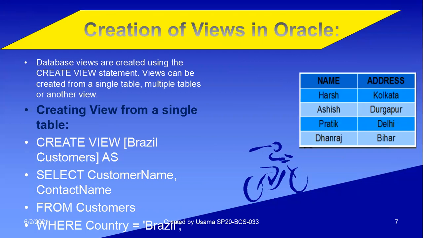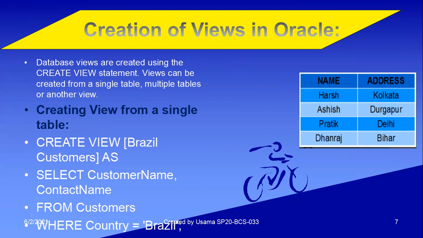As we have discussed earlier, views are created by using the create view statement. A proper statement is used for this purpose. A view can be created from a single table or multiple tables. We have discussed earlier that if we have a single table or more than one table, we can create views by joining more than two tables.